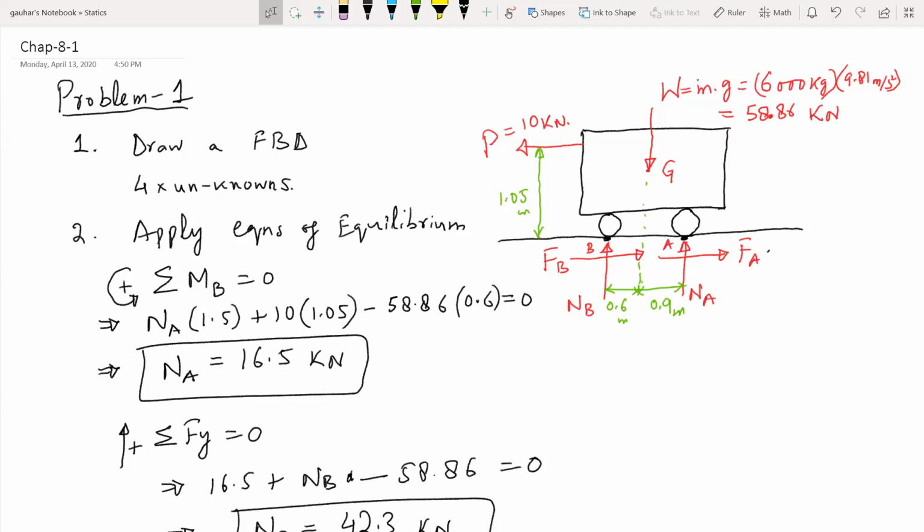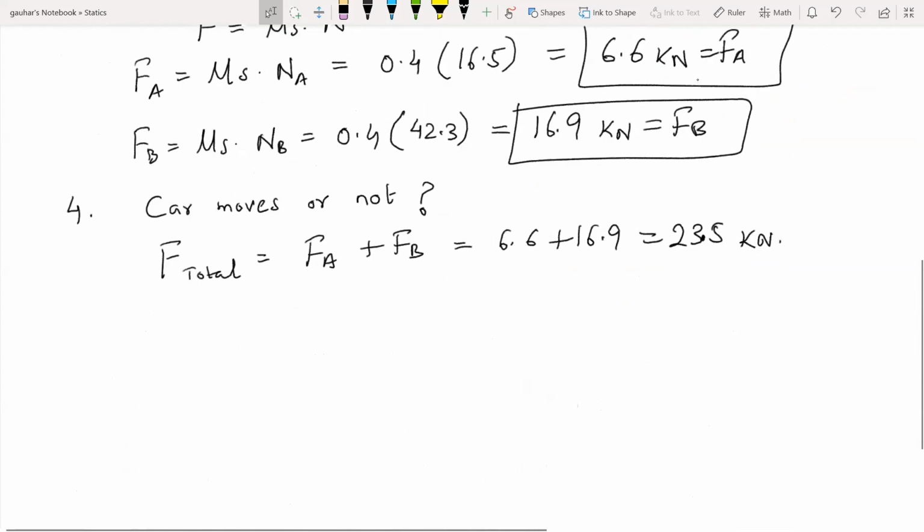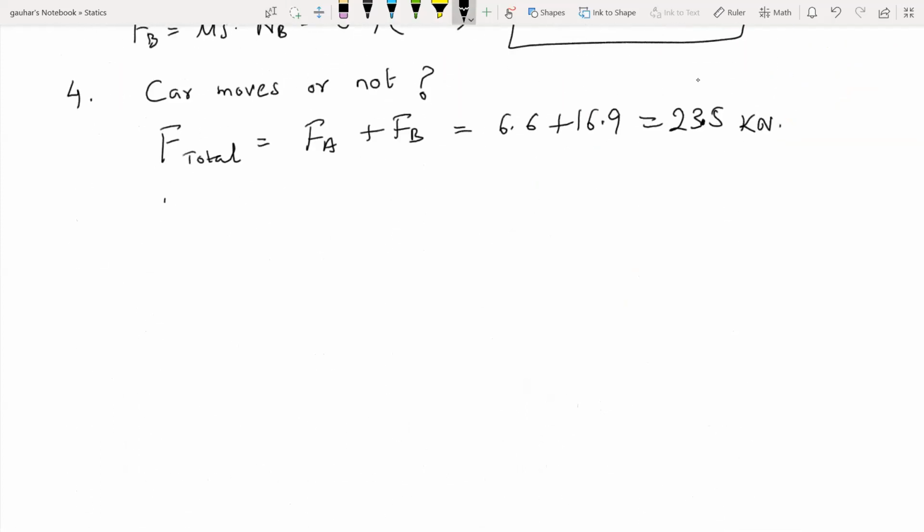And that's why the car doesn't move, because the applied force is less than the total friction force. So we can write that F total is greater than the applied force P, so the car doesn't move. Okay, so that's how we are done with this problem.